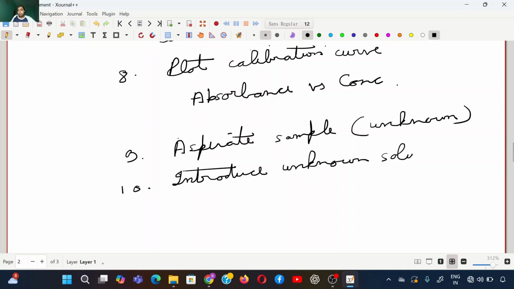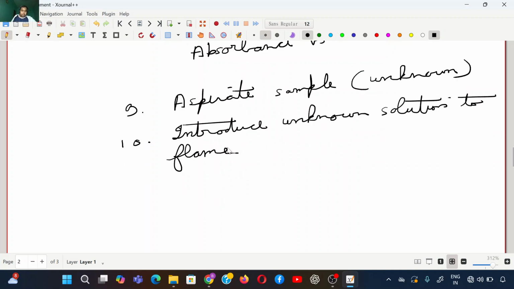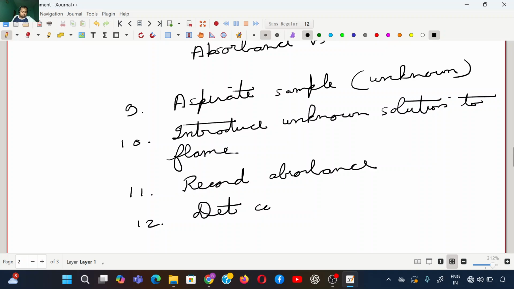You introduce the unknown solution to the flame. Then we record the absorbance. Then we determine the concentration, for which we refer to the calibration curve. We already put it earlier.